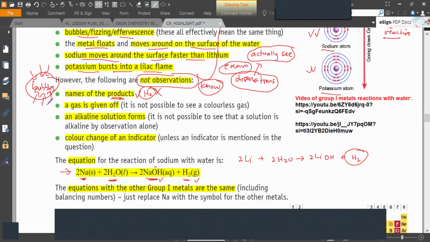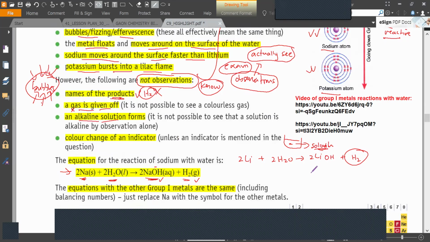So what is observation? We need to be very careful. A gas is given off. Okay. We cannot say it's a gas. We just can say that it's bubbles because we cannot see the gas. Alkaline solution, we cannot say that, because we just see a colorless solution here.